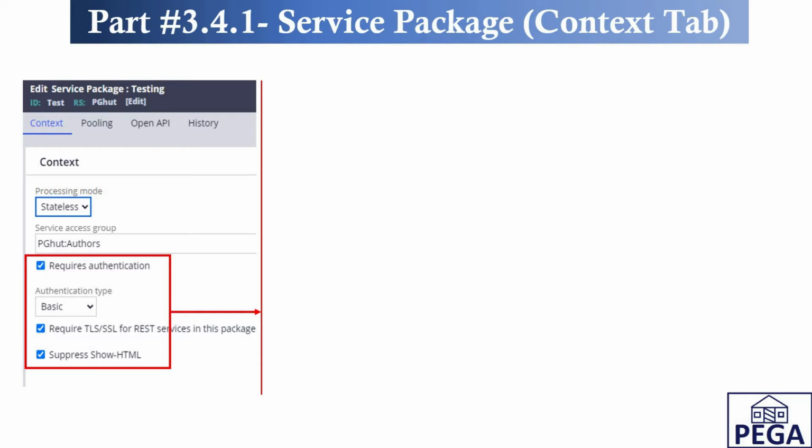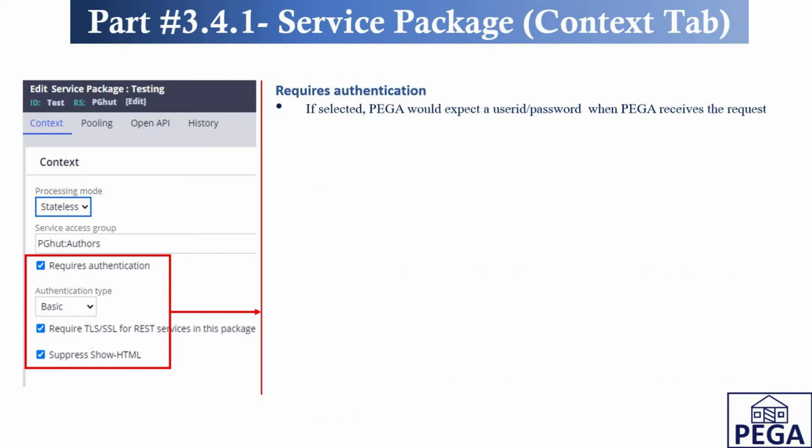Now let's quickly talk about authentication. If you see here, we have require authentication. What does this mean? If you select this one, Pega would expect you to pass a user ID and password. In Pega, the user ID is nothing but your operator ID.